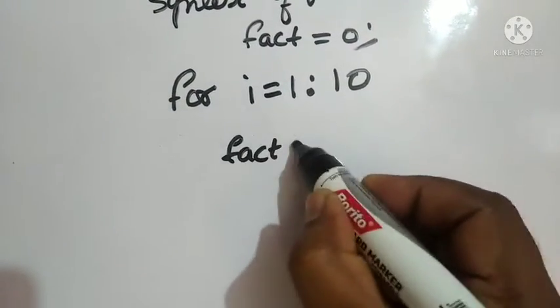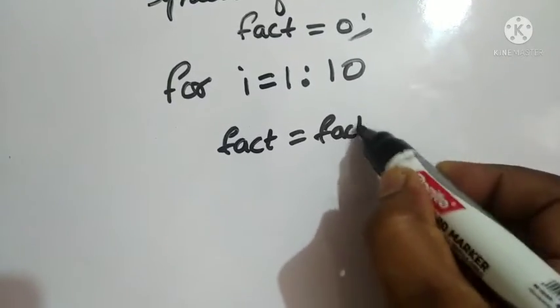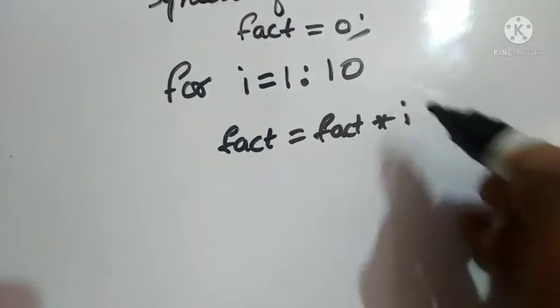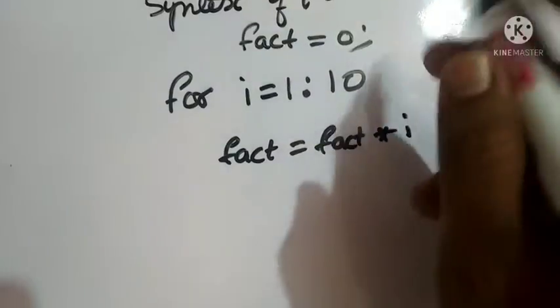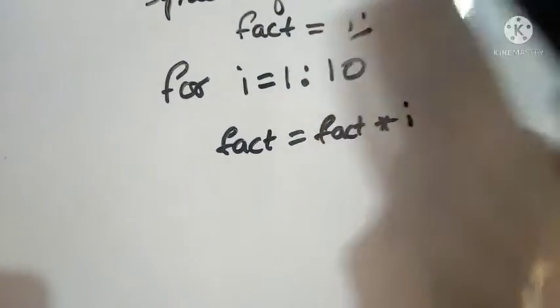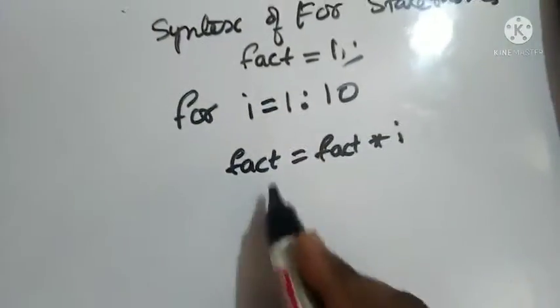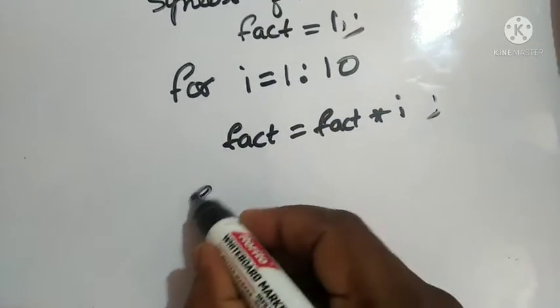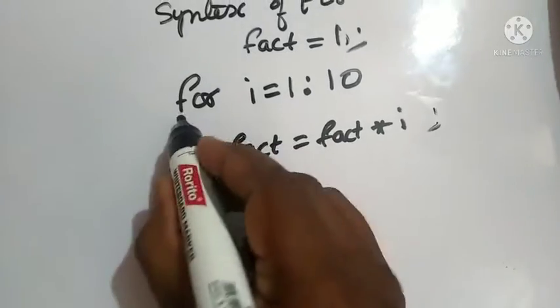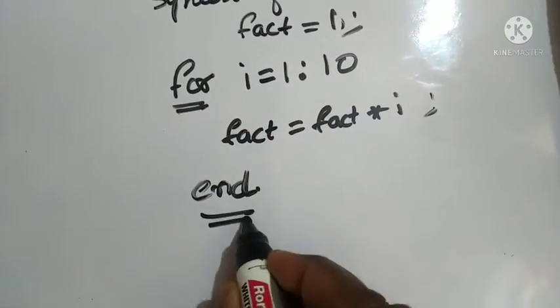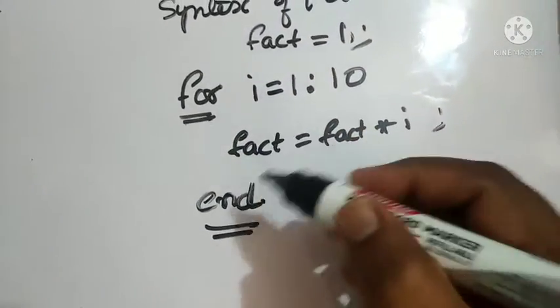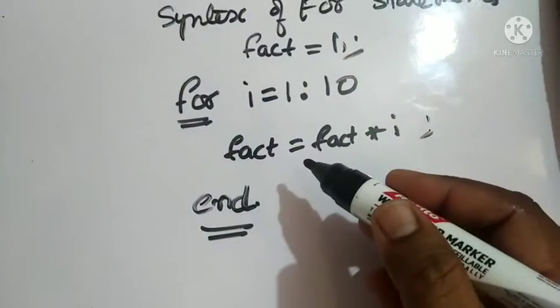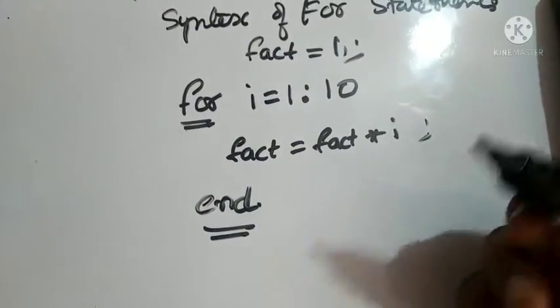Next I take fact = fact * I with a semicolon. Then we should have an end. So for should be there and end should be there, and between these two we write the block of statements we want to execute.